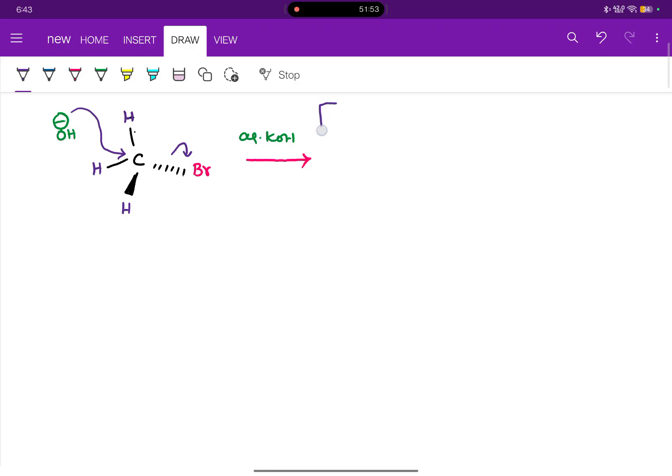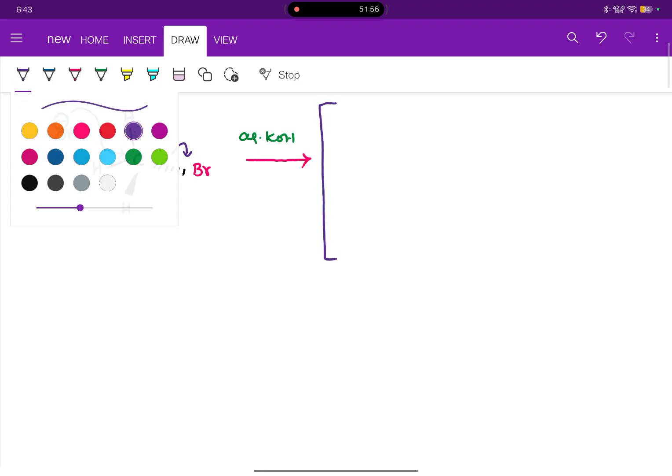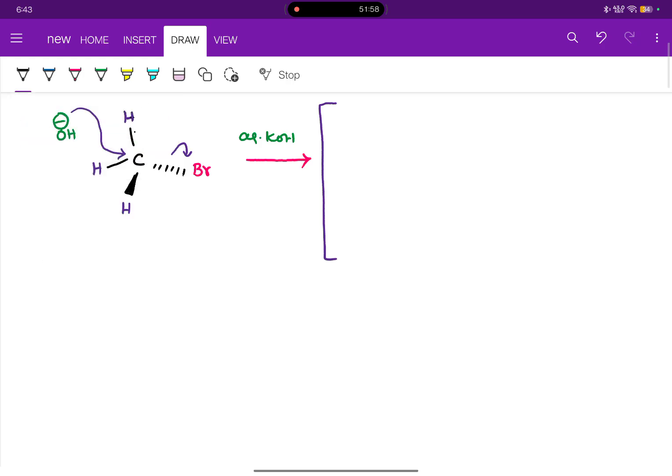Now see what happens, this is very important. Watch carefully. So the carbon is here. One part will be in the front, another part will be in the back, one part will be on the plane, while the bromine will go out by taking the electron, while OH will donate the electron.